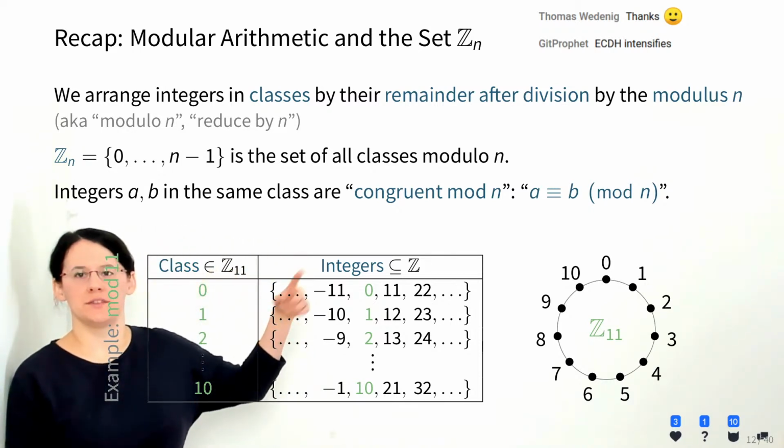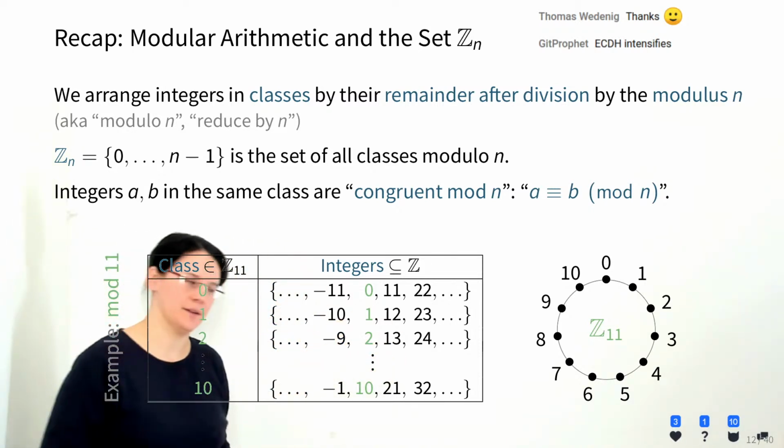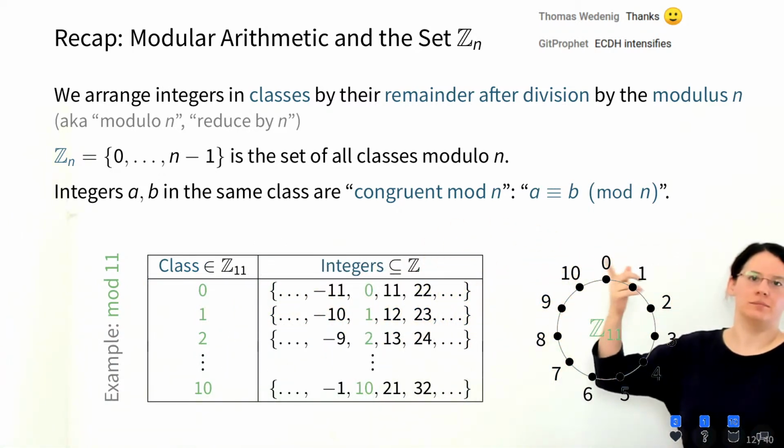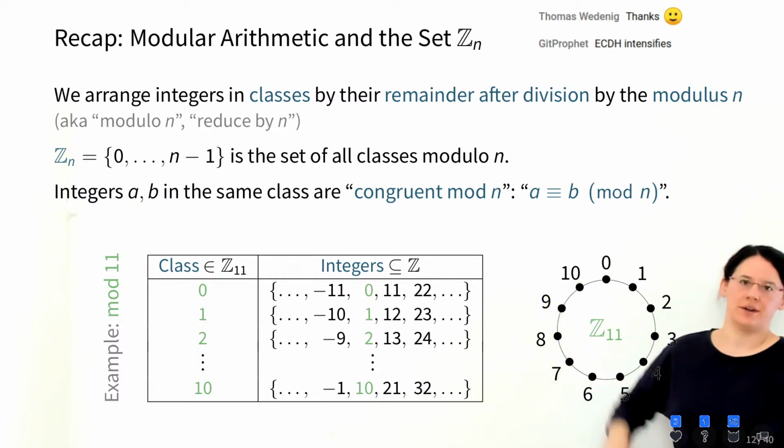And because this sort of runs in a circle, I also often illustrate it as a circle where the numbers are like in a clock from 0 to n minus 1, where n is our modulus.